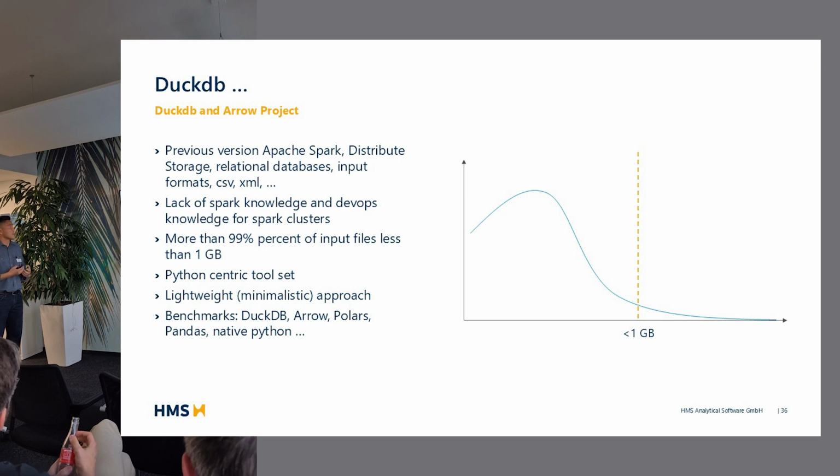Most files were between 100 MB and 600 MB. Additionally, the company was Python-centric, and there was a lack of Spark knowledge and DevOps knowledge to run and manage the Spark clusters.